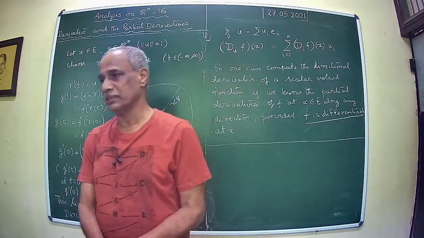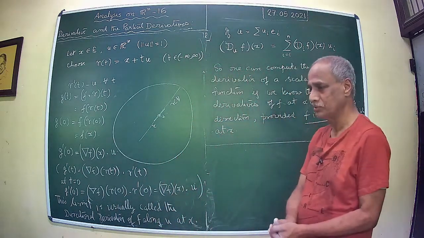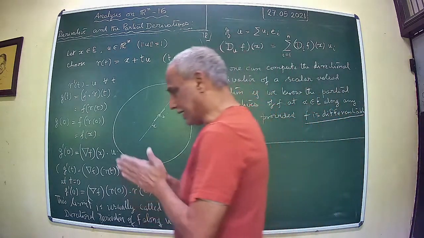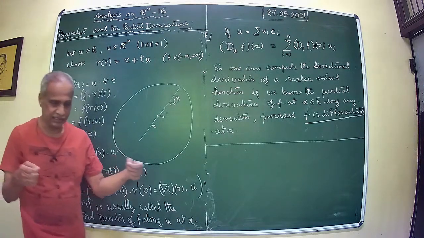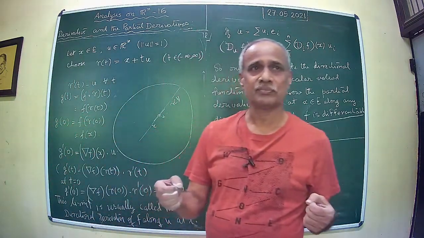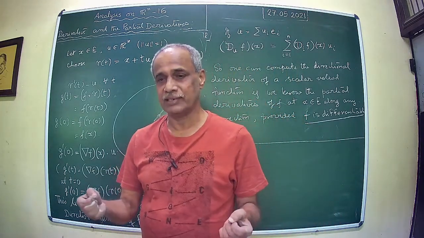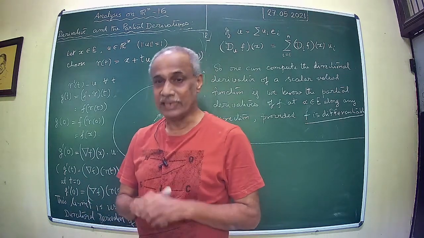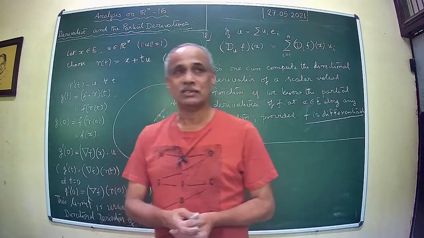Okay. So this is one of the generalizations that we are going to get, because we know that when you take a real valued differentiable function on an interval AB, and if you know that the derivative of the function vanishes at every point, then we know that the function is necessarily a constant.